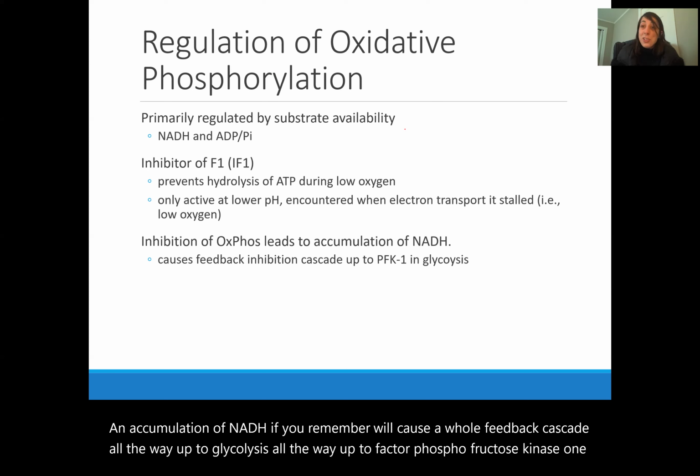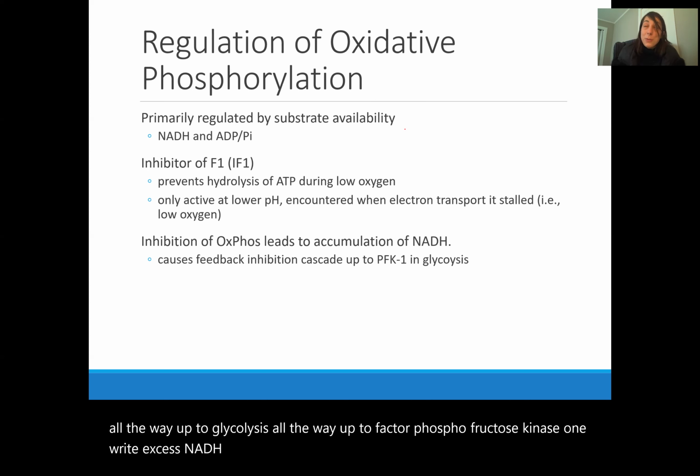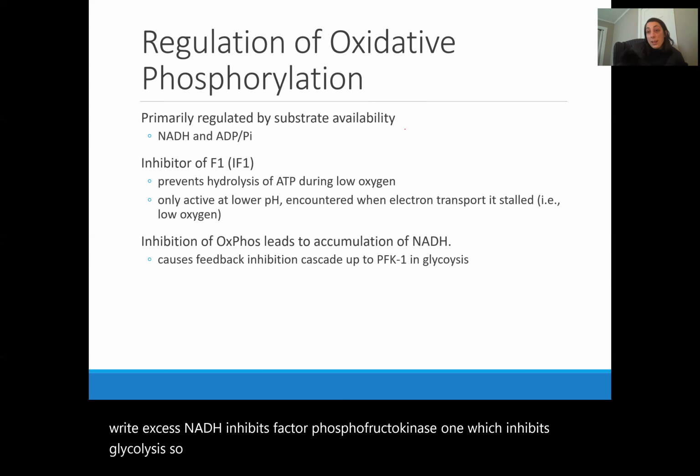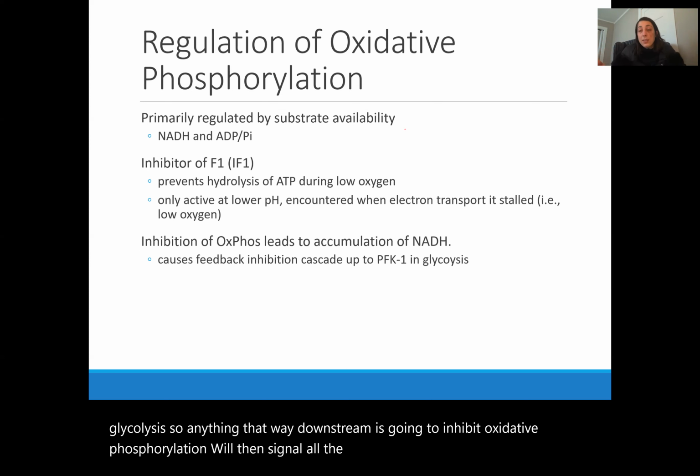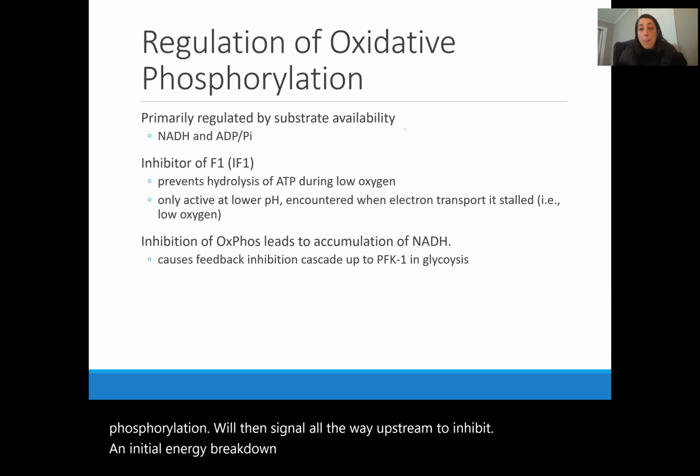Excess NADH inhibits phosphofructokinase 1, which inhibits glycolysis. So anything way downstream that inhibits oxidative phosphorylation will signal all the way upstream to inhibit initial energy breakdown and stop it there.